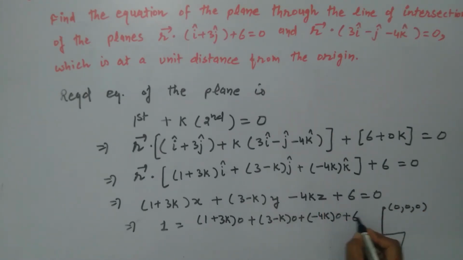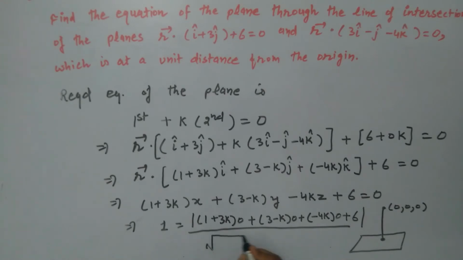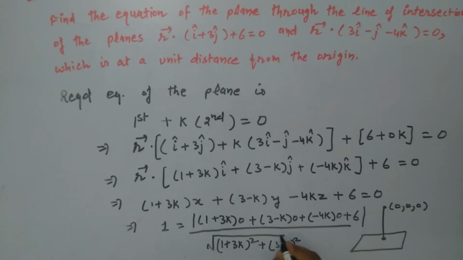Next is plus 6, whole inside the modulus sign, divided by square root of 1 plus 3k whole square, coefficient of x whole square, plus coefficient of y whole square, 3 minus k whole square, plus coefficient of z minus 4k whole square.